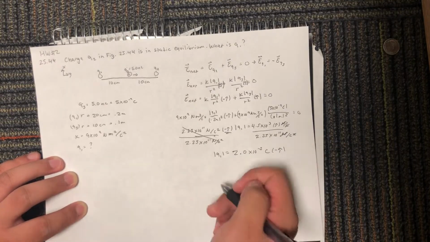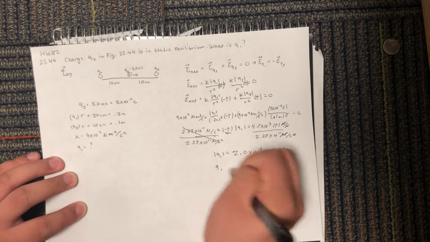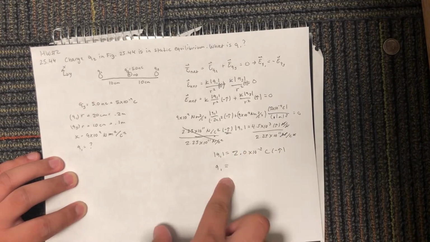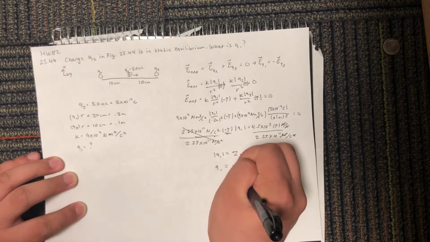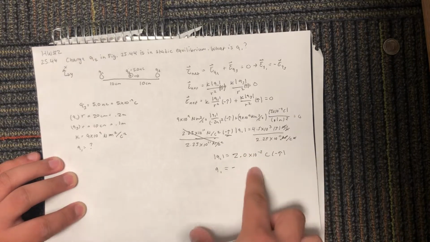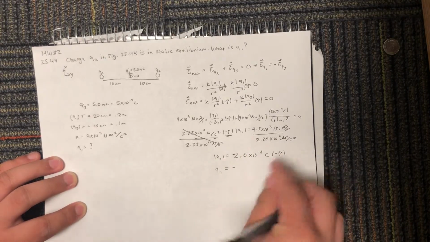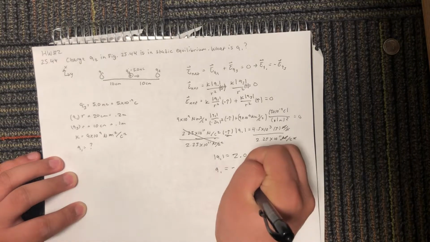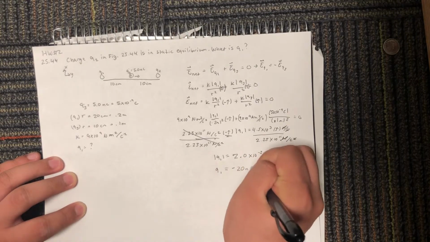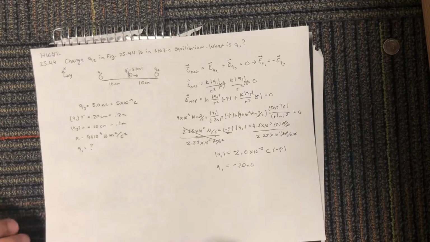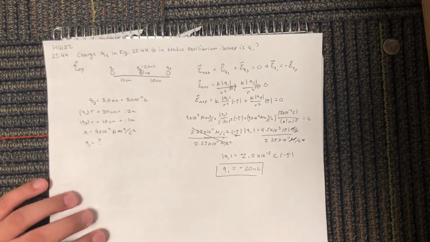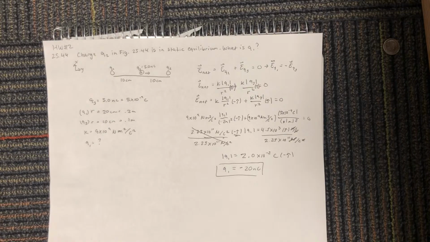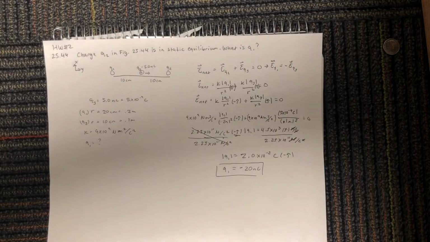And so when we don't have the absolute value, we know that Q1 does in fact have to be a negative charge because of the negative I hat. And so we can rewrite this in terms of nanocoulombs. So 20 nanocoulombs will be our Q1 charge, and this will be our final answer. And this concludes homework number 2, problem 25.44. Thank you.